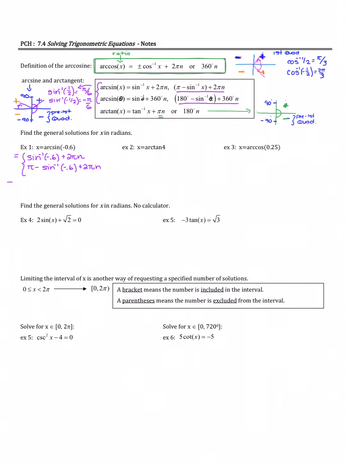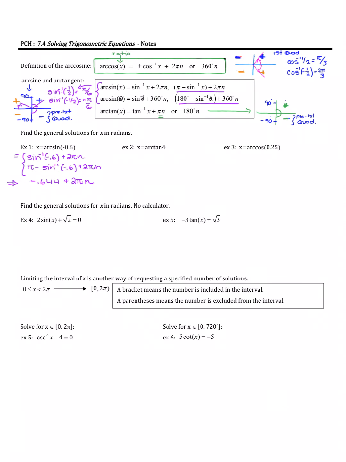All right, so now let's go to our calculator, and I go second sine of negative 0.6. That gives me negative 0.644 plus 2 pi n. And the supplement of that is going to be pi minus that value. So I'm going to use my actual pi key.